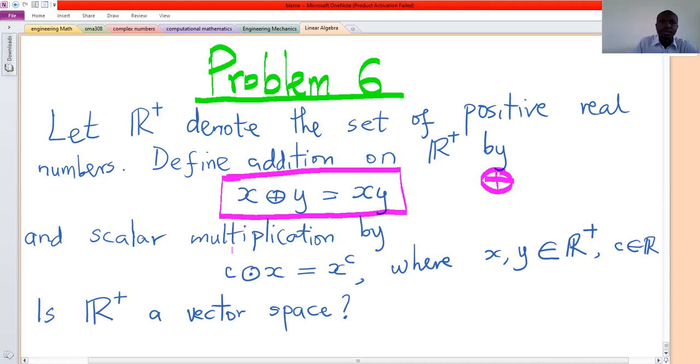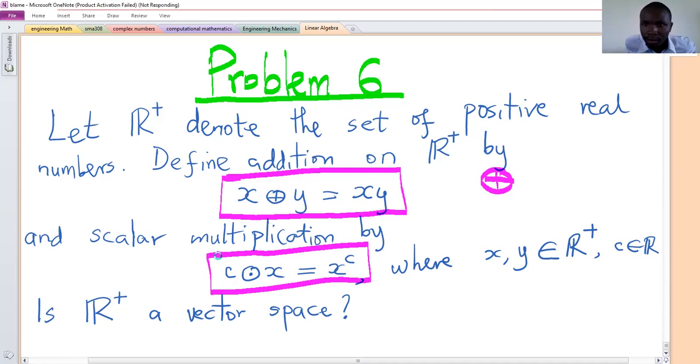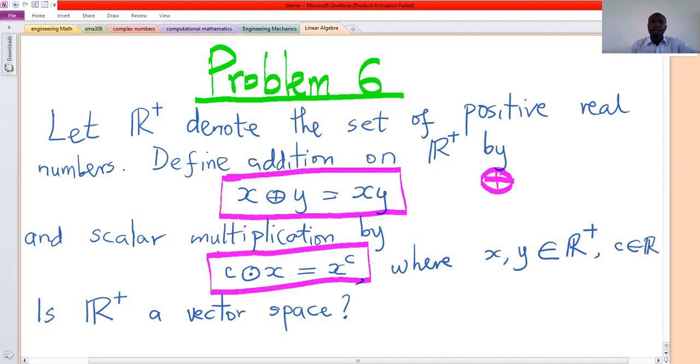And then scalar multiplication, c times x is given by x raised to the power c, where x and y are elements in the set R plus, and c is any real number. So the question is to prove whether the set R plus is a vector space.